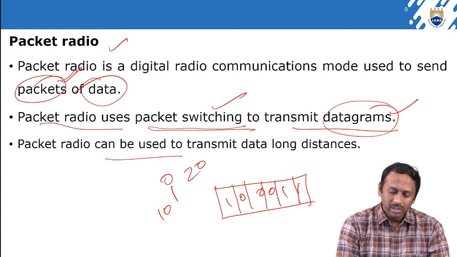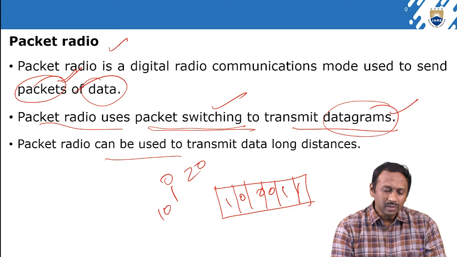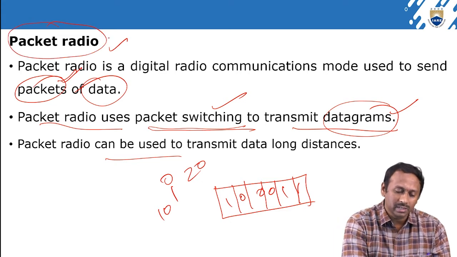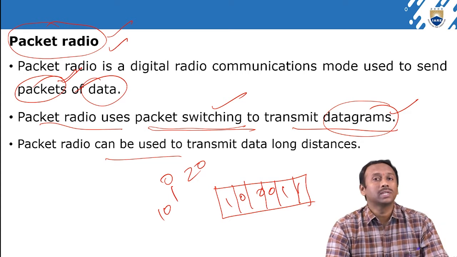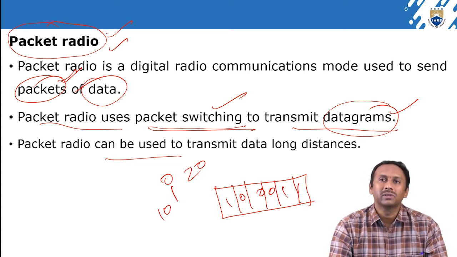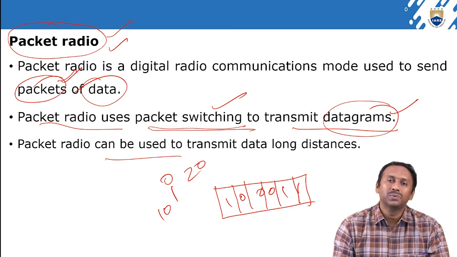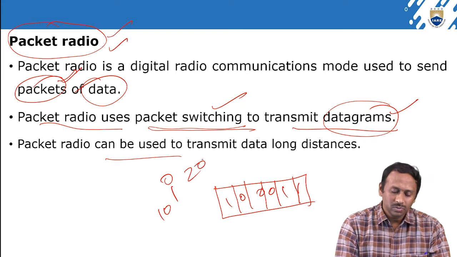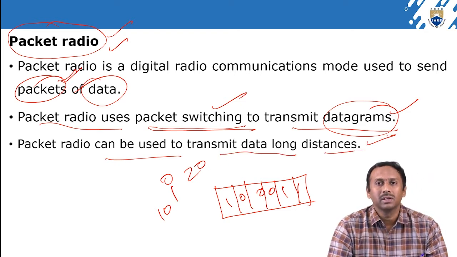And packet radio can be used to transmit data over long distances. Why are we using packet radio? Why can't we use SATNET or ARPANET? The intention of packet radio is that when we use the packet radio concept for the network, we can transmit the data over long distances, across the world.